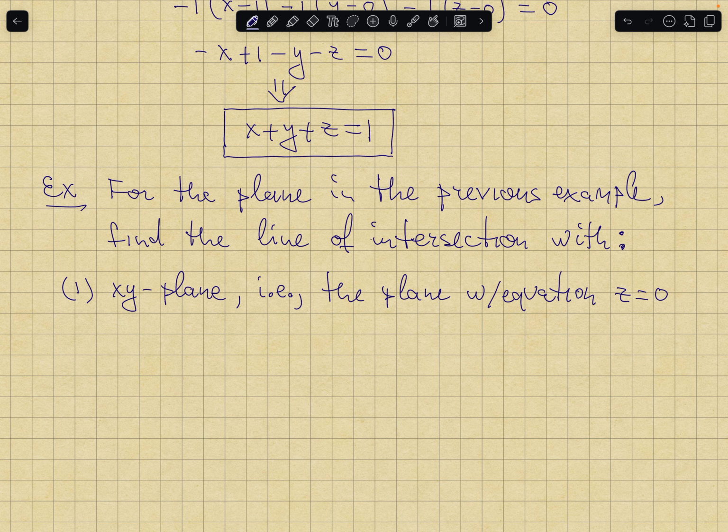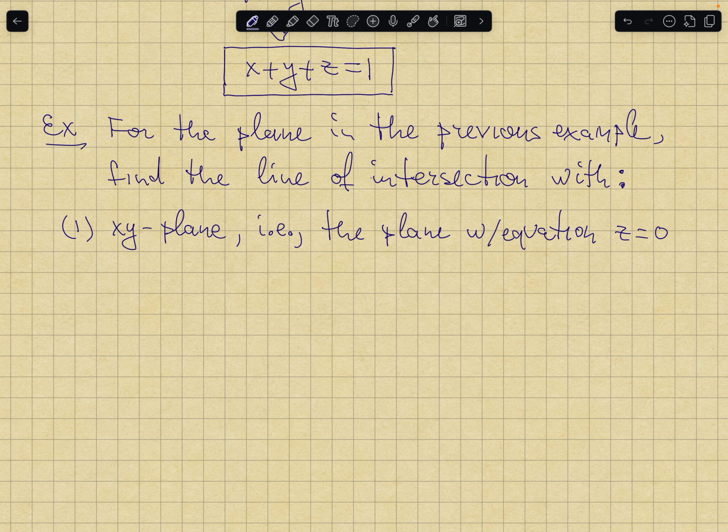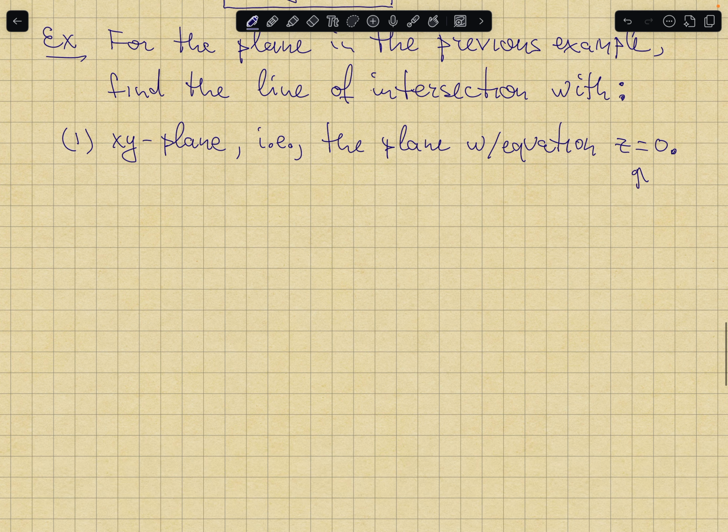So how do I find the line of intersection? Basically, I have two planes. By the way, in this case it's obvious that the xy plane has the equation z equal to 0, but another way to get this equation is as follows.